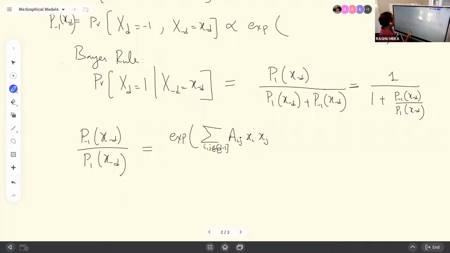But x_d is being set to be minus 1, right? So I get plus the sum for j equals 1 through d minus 1 of a_dj times minus 1 x_j.